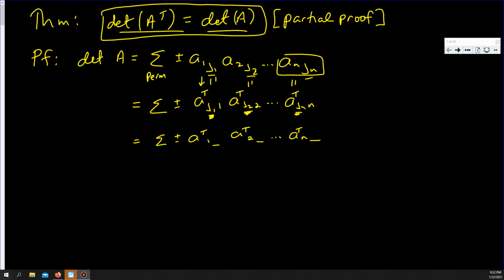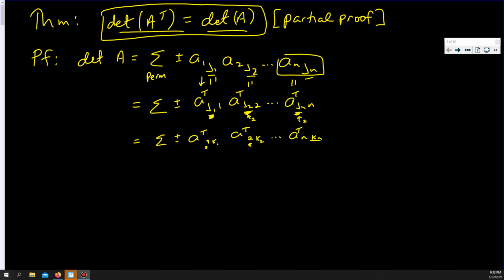Now, if this happened to be 1 and this happened to be 2, so there's my 1 and there's my 2, well then I would have J2 here and Jn here. What's happening is that I'm going to have a permutation for the column values, K1, K sub 2, all the way up to K sub n.